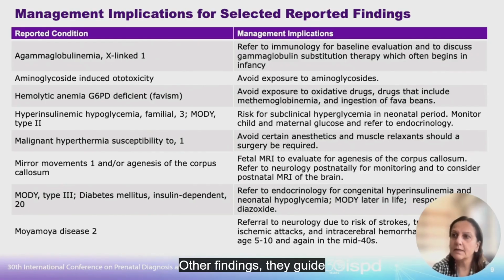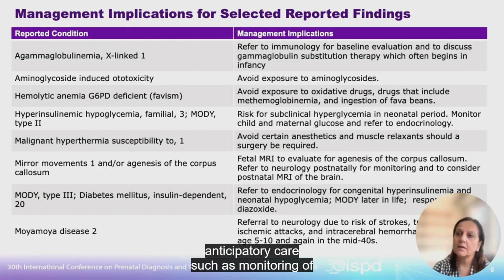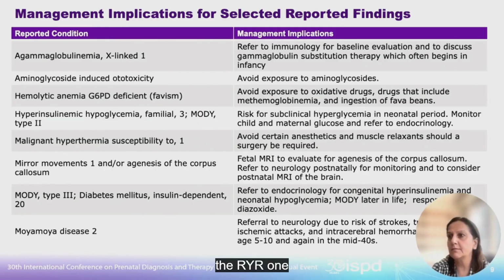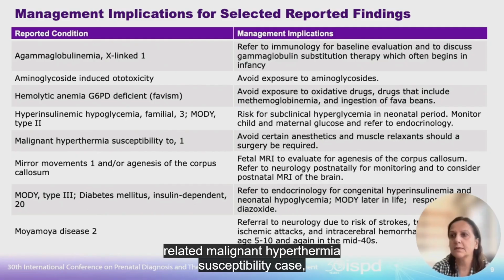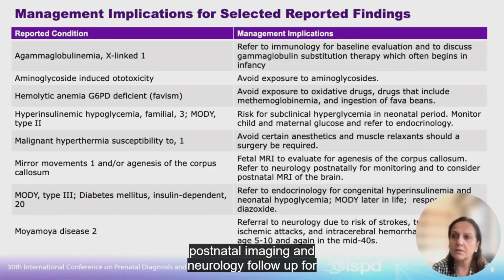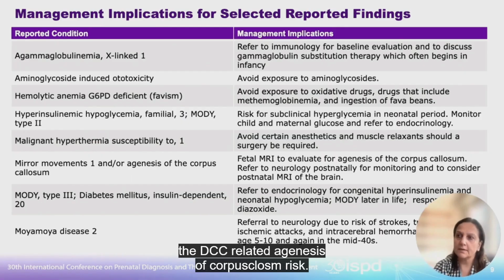Other findings guide anticipatory care, such as monitoring of neonatal glucose abnormalities in the GCK or HNF1-related conditions, avoiding triggering anesthetics in the RYR1-related malignant hyperthermia susceptibility case, or considering fetal or postnatal imaging and neurology follow-up for the DCC-related agenesis of corpus callosum risk.